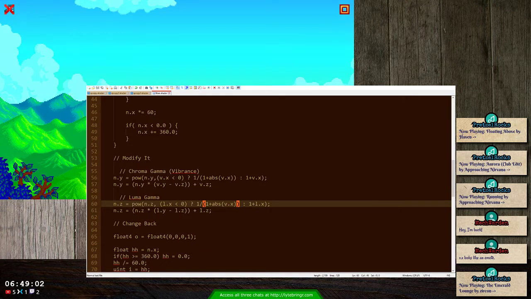Now the real problem is the directions are backwards, because this is 100 and this is negative 100, and that's totally backwards. And so what we're gonna do is switch it around.